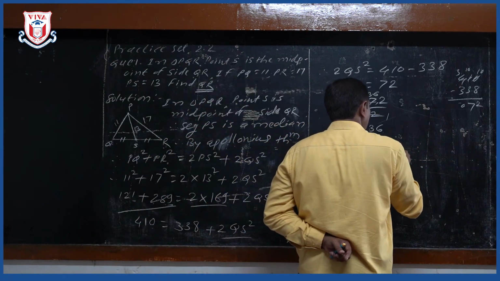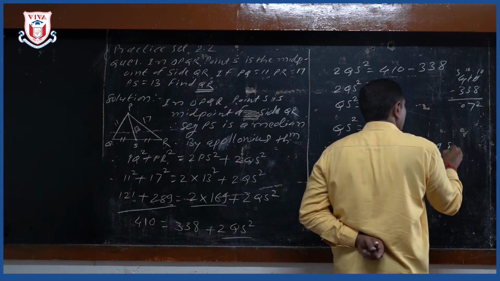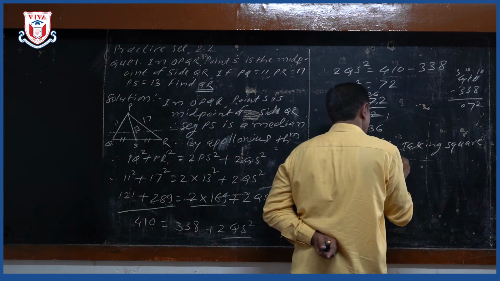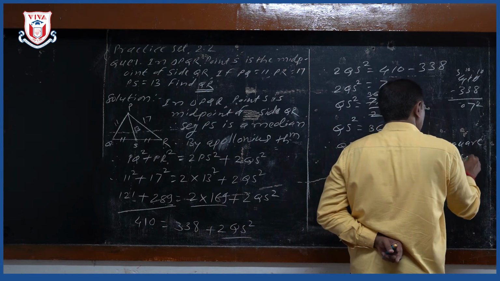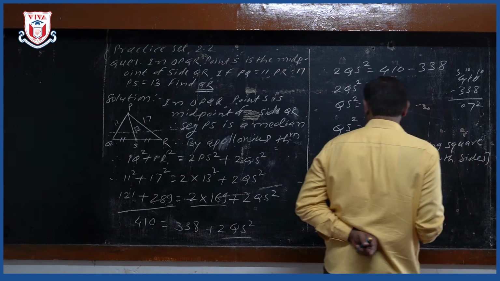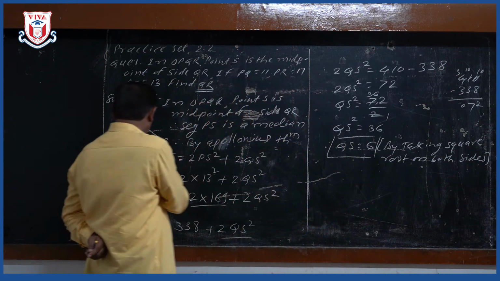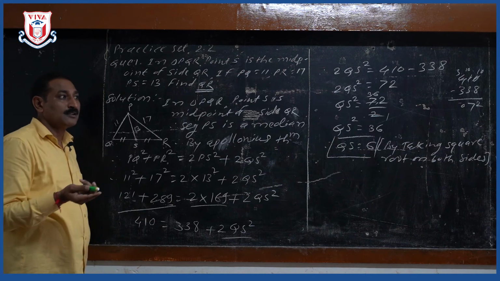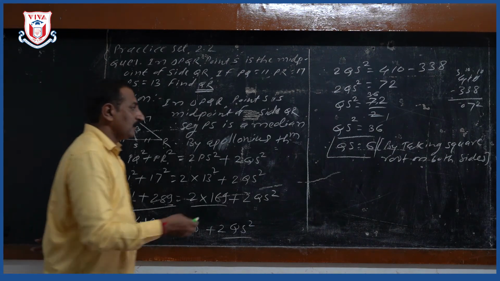By taking square root on both sides, QS is equal to 6. What do you find here? You find the value of QS is 6. Therefore QR is what? 2 into QS, means 2 into 6 is 12.